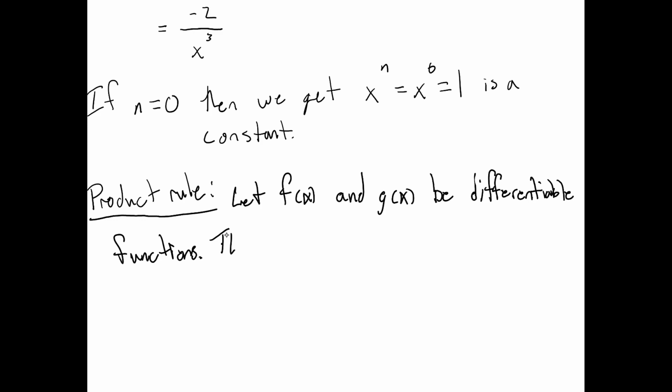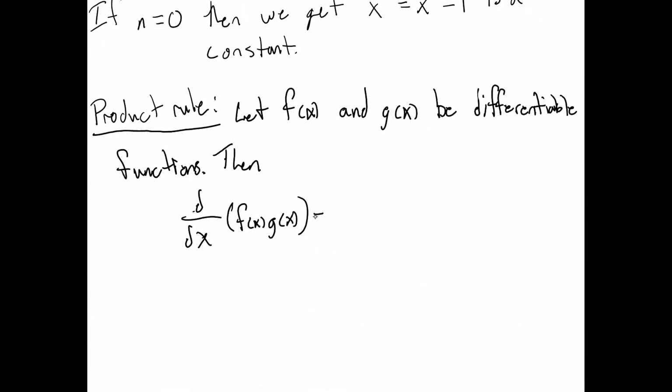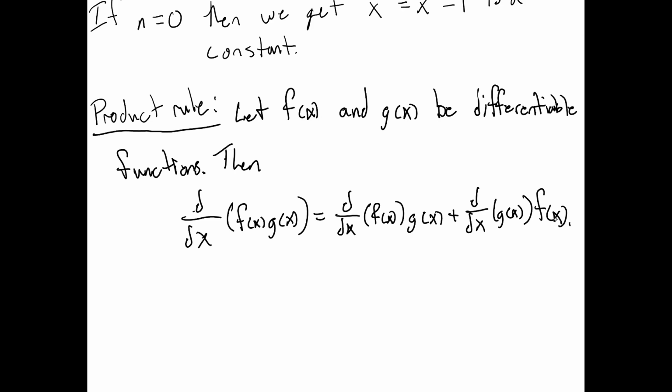So if they're differentiable functions, then d dx of f of x g of x, so this is the derivative of the product, is equal to d dx of f of x times g of x plus d dx of g of x times f of x.